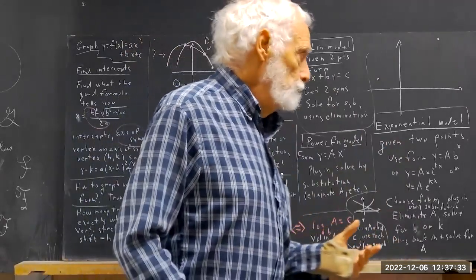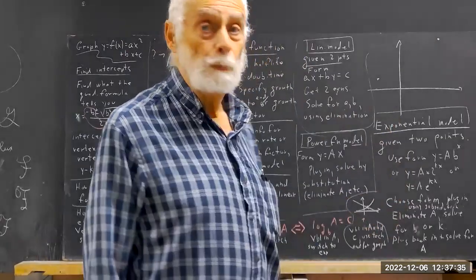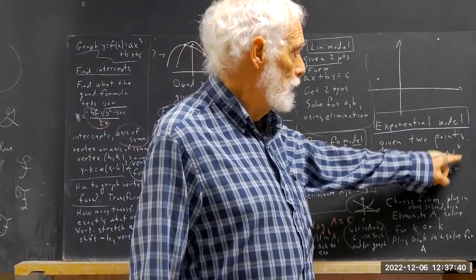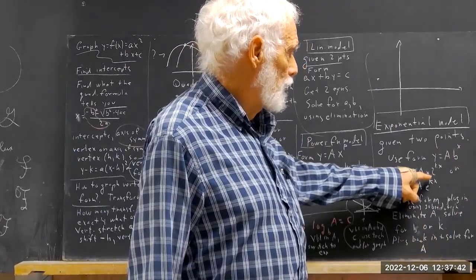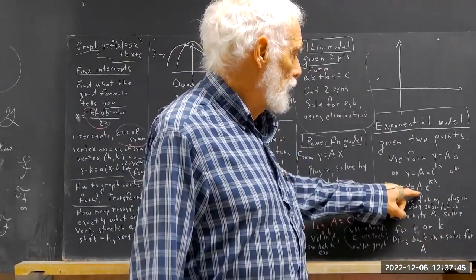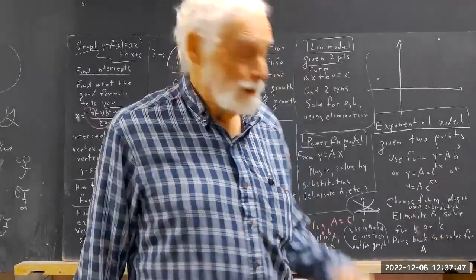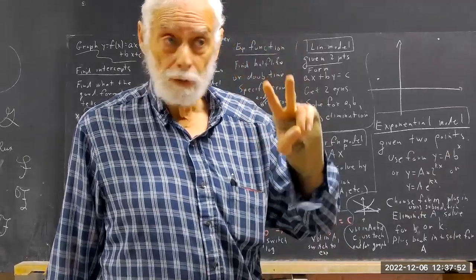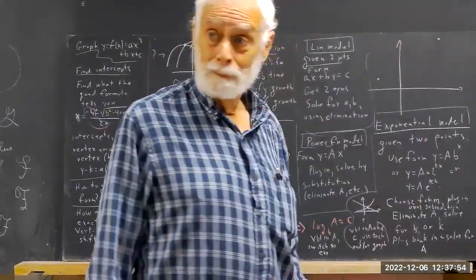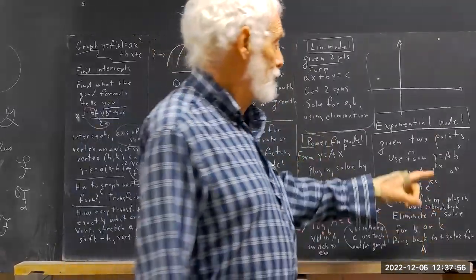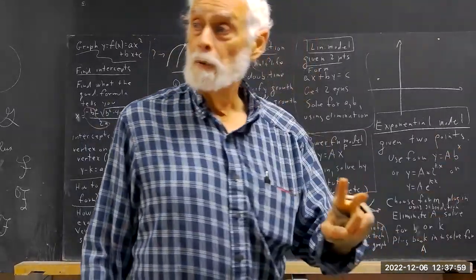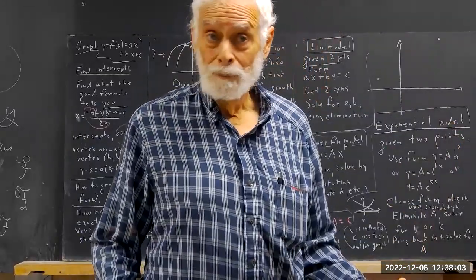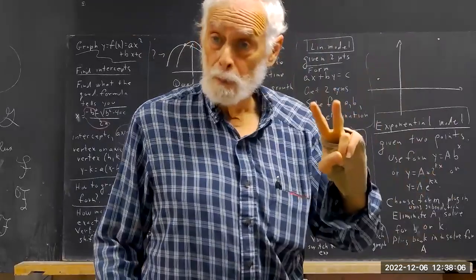Okay. For an exponential model, you can do it with 2 points because the form of an exponential function is either y equals ab to the x, or y equals a times 2 to the kx, or y equals ae to the kx. In any of those cases, there are 2 parameters that you don't know and 2 things that you do know if you have 2 points. The things that you do know are y and x for each point. Each point, you plug in y, you plug in x, and you get an equation. If you've got 2 points, it gives you 2 equations.